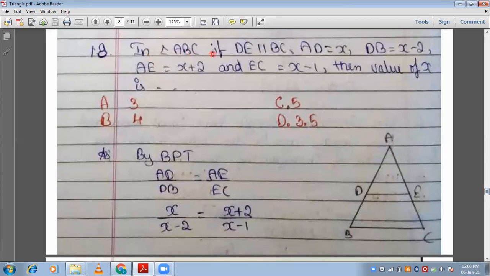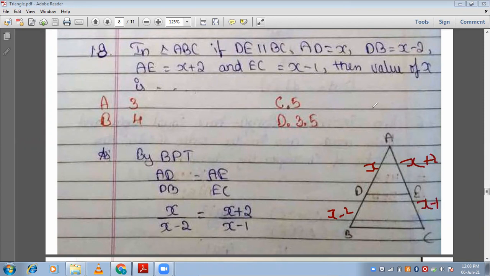Next question. In triangle ABC, if DE is parallel to BC, AD is equal to x centimeter. The given AD is x, DB is x minus 2. This is the DB length, x minus 2. AE is x plus 2, and EC is x minus 1.